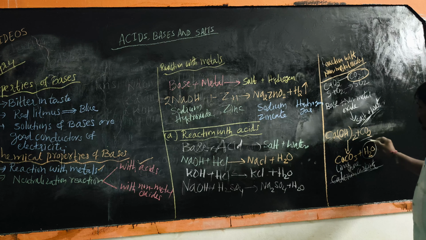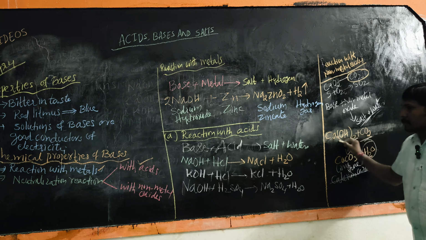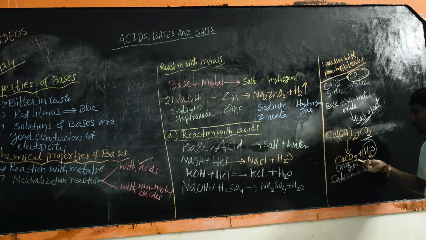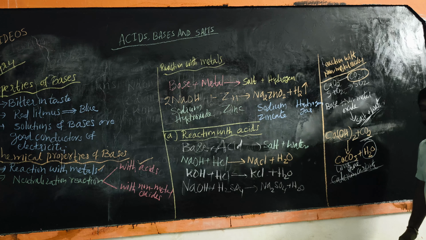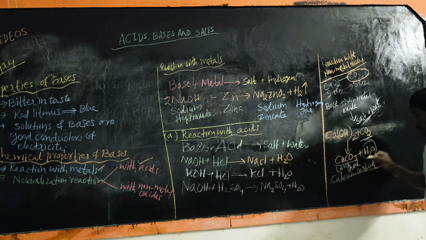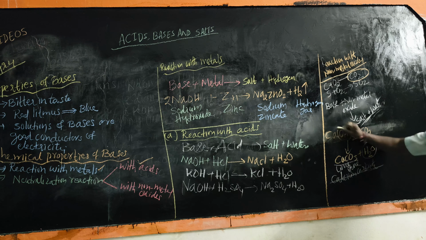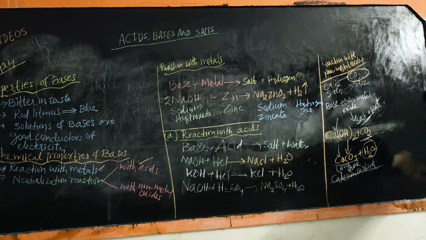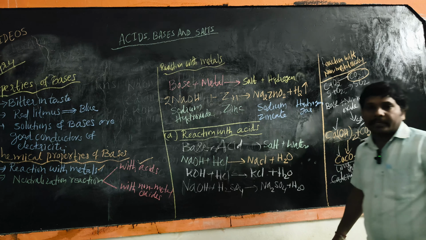Carbon dioxide reacts with calcium hydroxide and we get calcium carbonate, which is a salt, and water. If it is base, and salt, and water, then carbon dioxide acts as an acid.